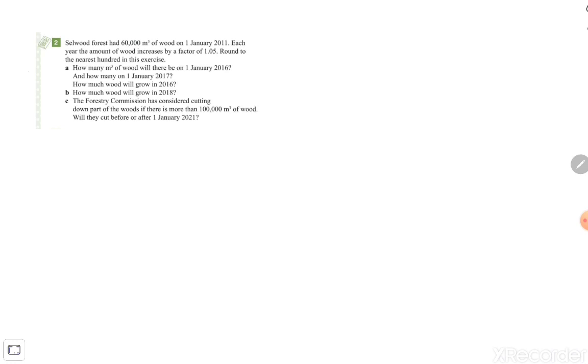So 1 January 2021 is 10 years later from 1 January 2011, which means that I need to use the 60,000 multiplied with 1.05 and then to the power of 10 to look which answer that is. And that will be 97,733.68 cubic meters.